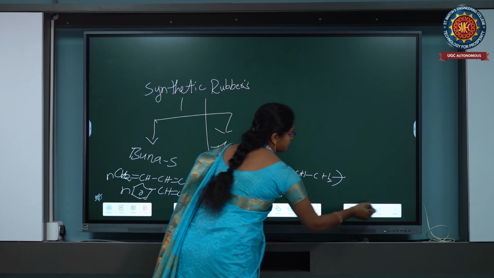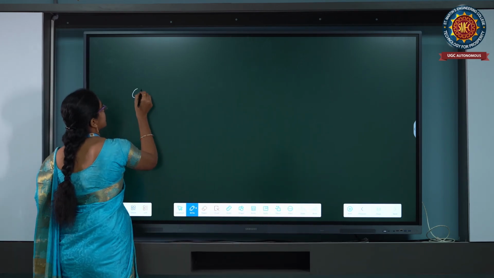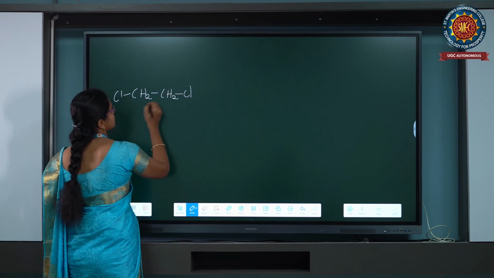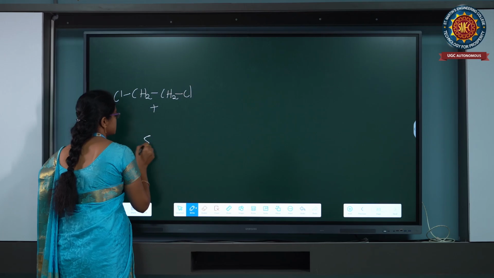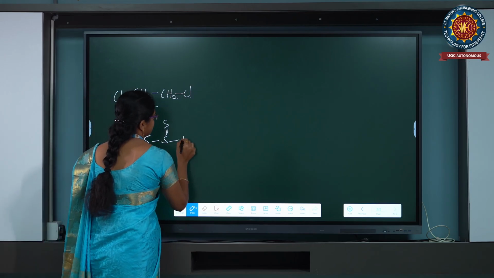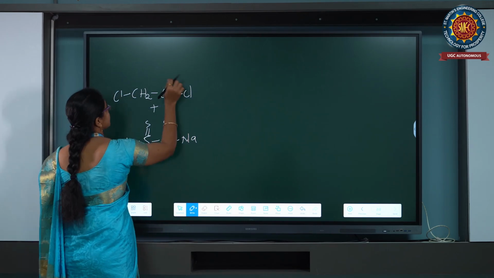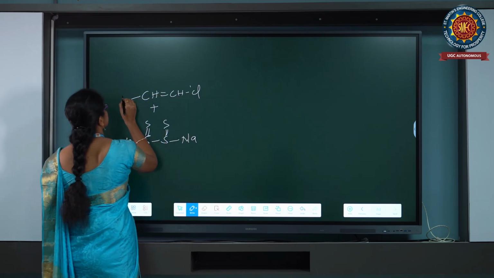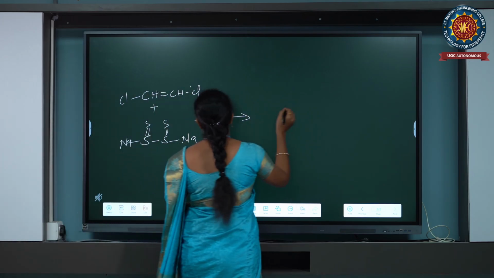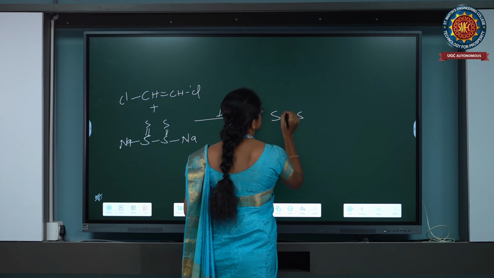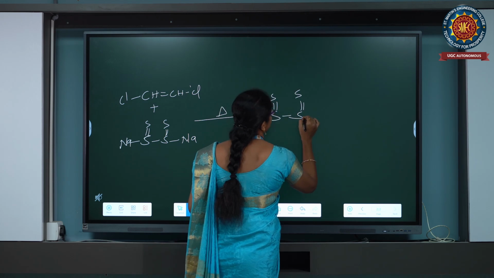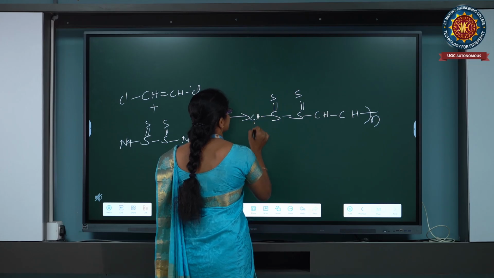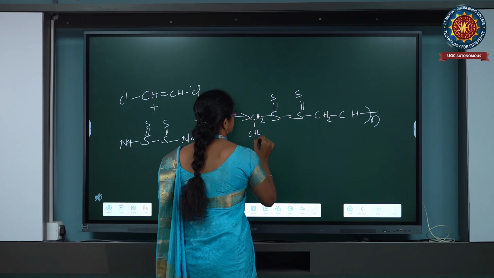Next, thiokol. Thiokol is made from dichloromethane, CH2Cl2, together with a sulfur compound containing sulfur bonds, and 1,2-butadiene. In the presence of heat, thiokol is formed, a chain with S-S bonds and CH2 units repeating n times.